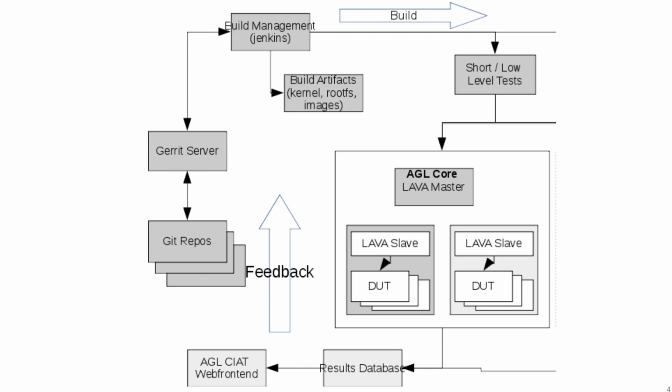Here you see AGL's CIAT loop from Gerrit. Once a change is submitted, it will be built in Jenkins, and the artifacts are then stored on the download server.